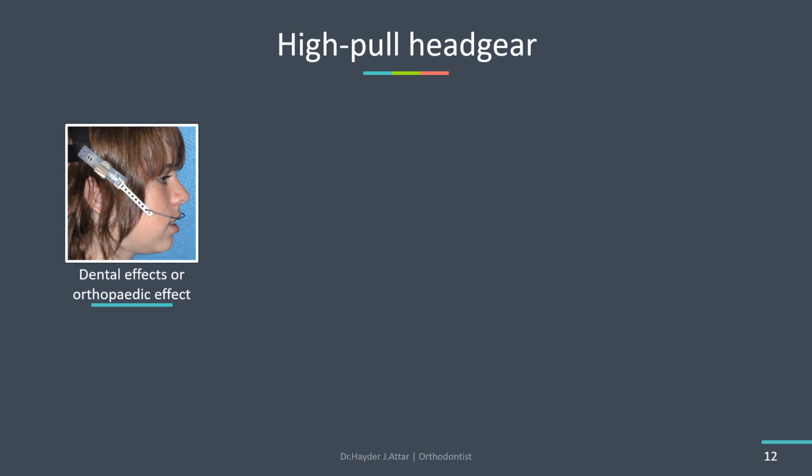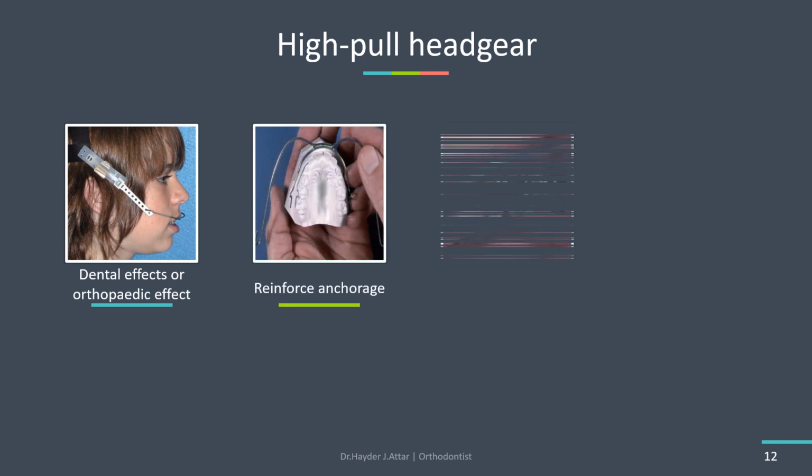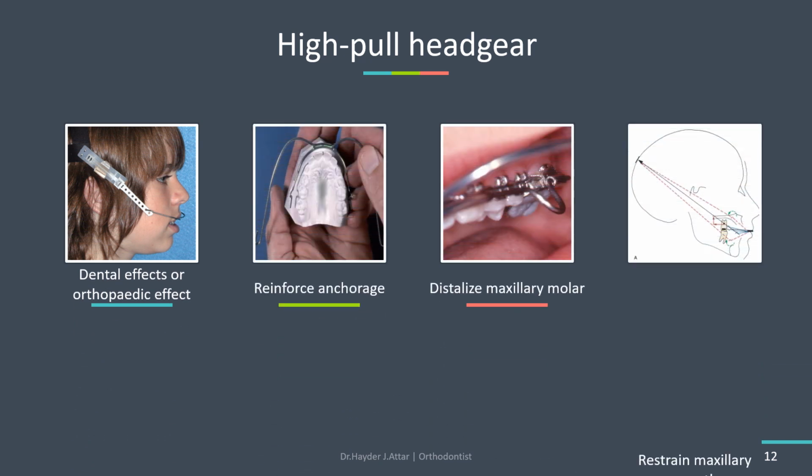The high-pull headgear, as mentioned before, is used to restrain the maxillary growth by applying a direct force to the maxillary molars using a face bow. The face bow is connected to a headgear. The headgear provides a dental effect and an orthopedic effect.